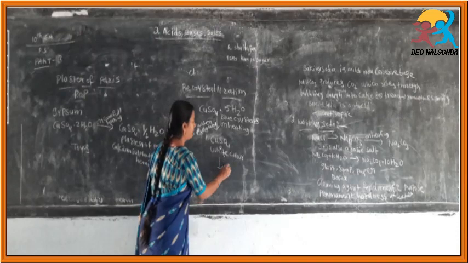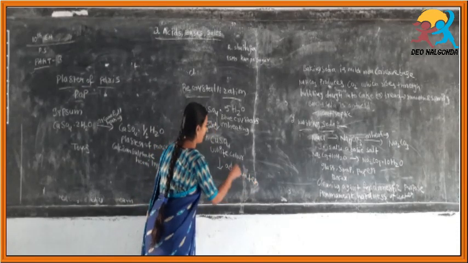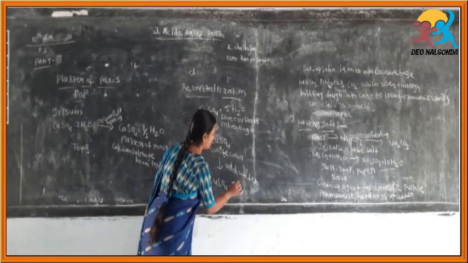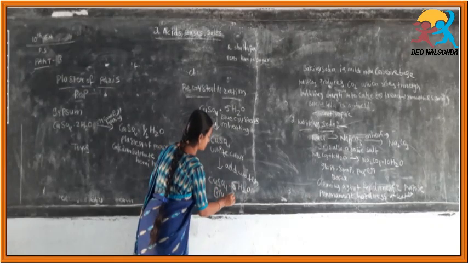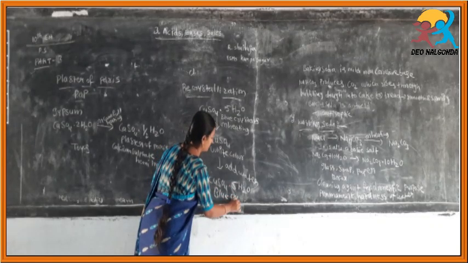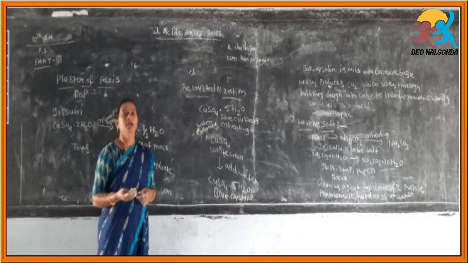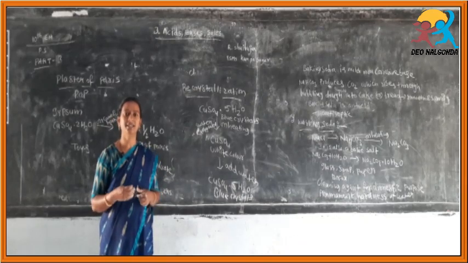If you add water again, the copper sulphate recrystallizes and becomes blue in color again. In our laboratory there are blue crystals of hydrated copper sulphate, CuSO4·5H2O.